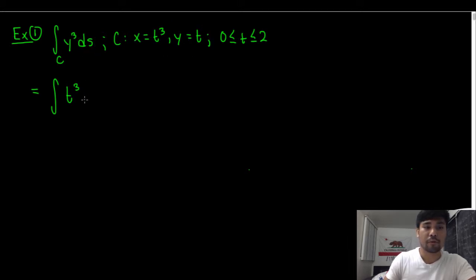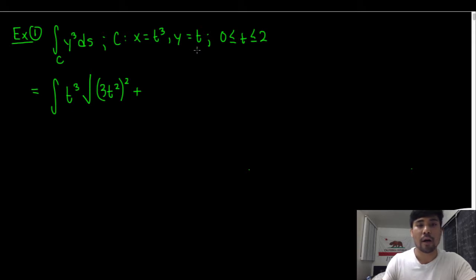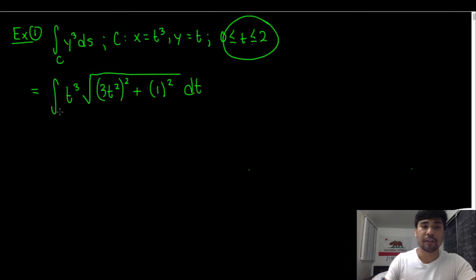The arc length is the square root of its differentials squared. The derivative of t cubed is 3t squared, squared, plus the differential of y, which is 1, squared. We integrate with respect to t from 0 to 2.